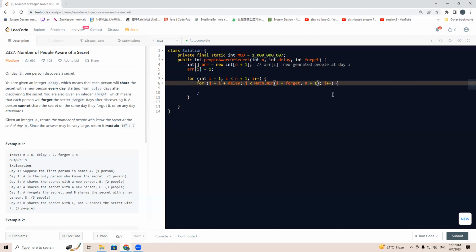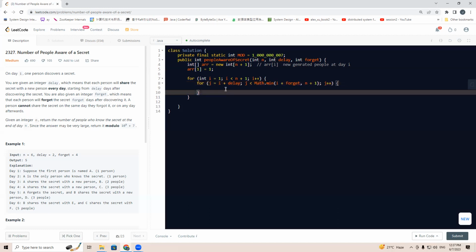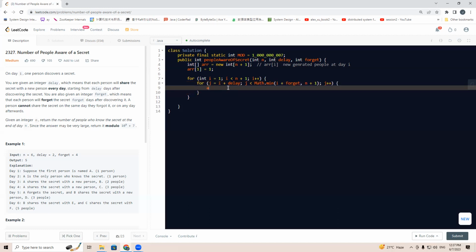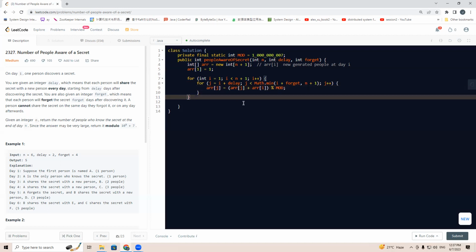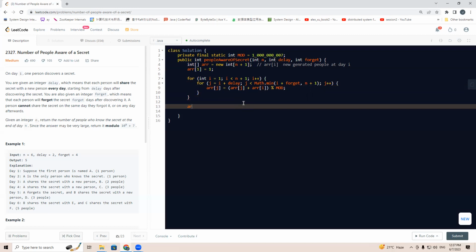So these are the newly generated persons. So array j equals array j plus array i, and we need to take the mod. These are the newly generated persons at the day. So we'll say array n.